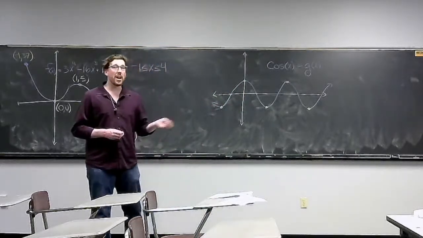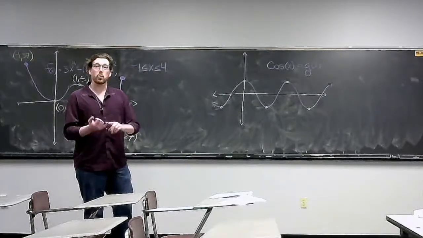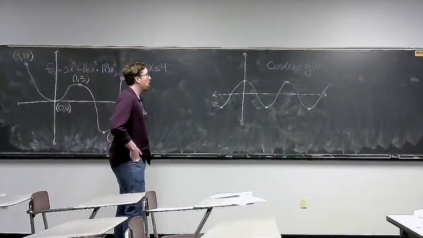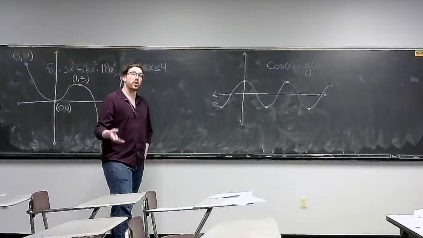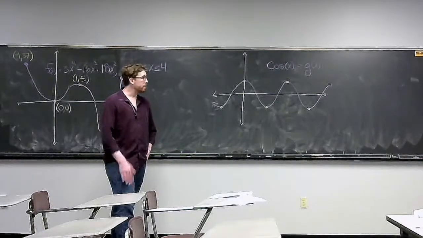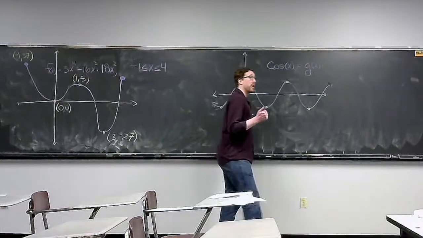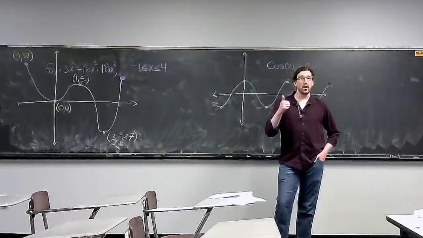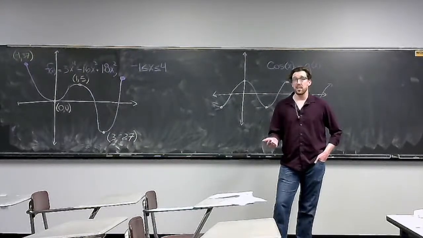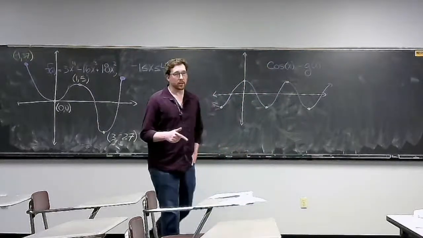At every value of x equal to an odd multiple of pi, so 1 pi, 3 pi, 5 pi, and so forth, all of those values are going to give us local and absolute mins. So we can have multiple maxes in both senses, both the absolute and the local sense, and we can have multiple mins in both senses, the local and absolute sense.